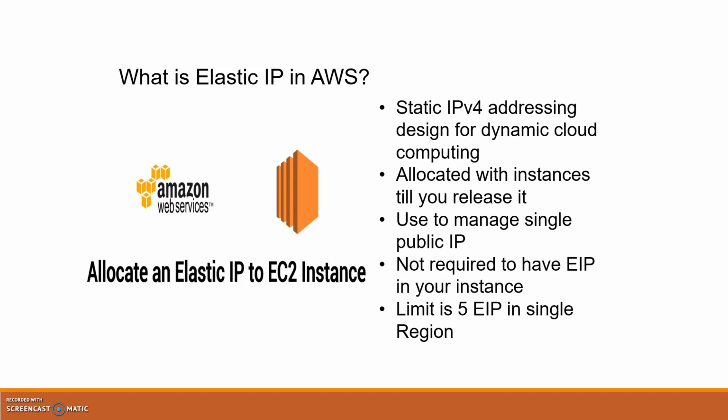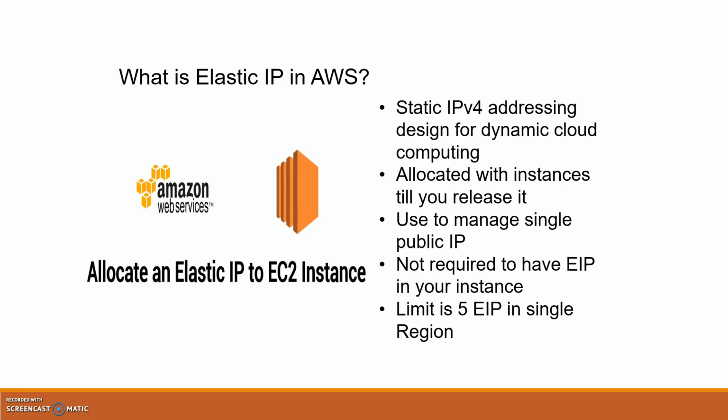So we can bind that elastic IP with an instance and give a public IP and show a specific address to a user. And also we can manage a single public IP, because many times it happens that we change our address knowingly and unknowingly.